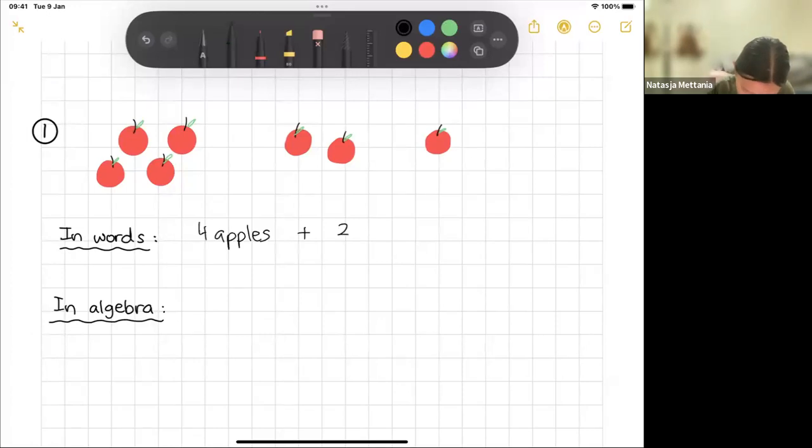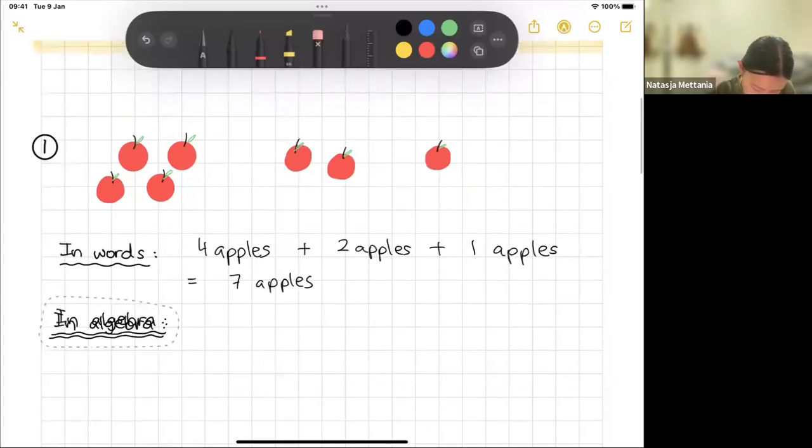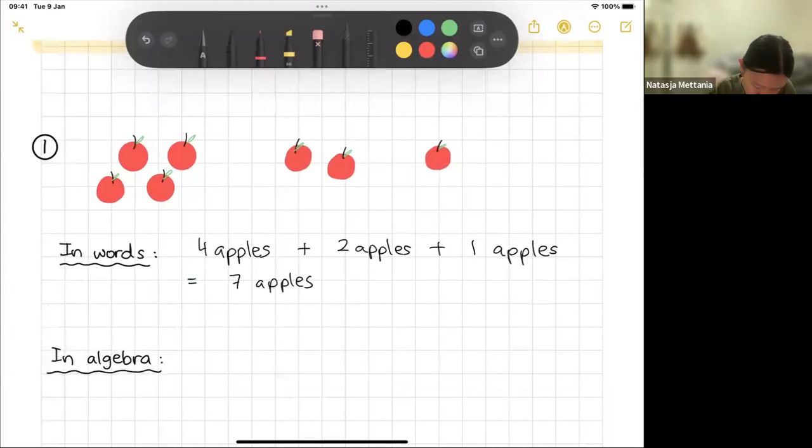In the second trip, I bought 2 apples. In the third trip, I bought 1 apple. That is how I would represent my answer. Now, the total: 4 apples plus 2 apples plus 1 apple should be 7 apples.